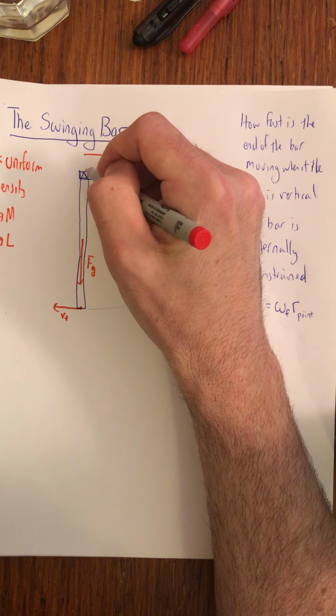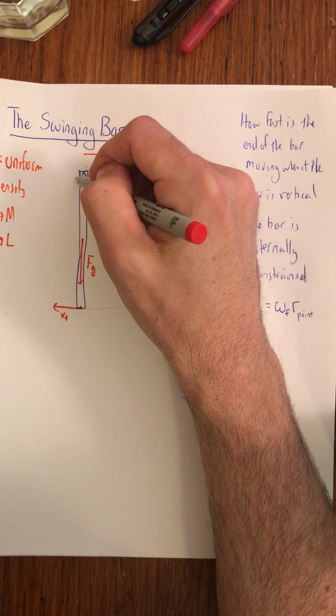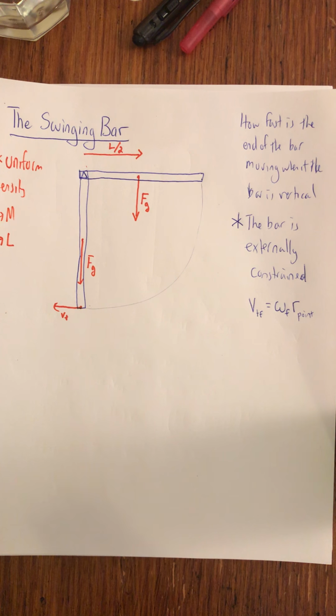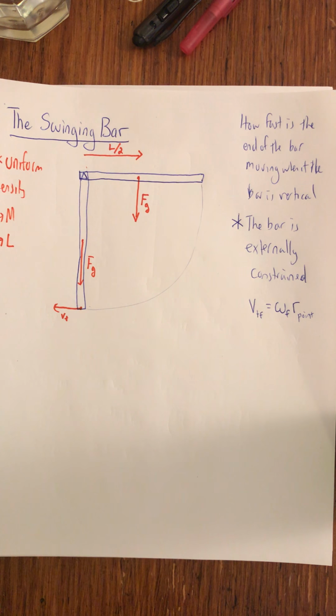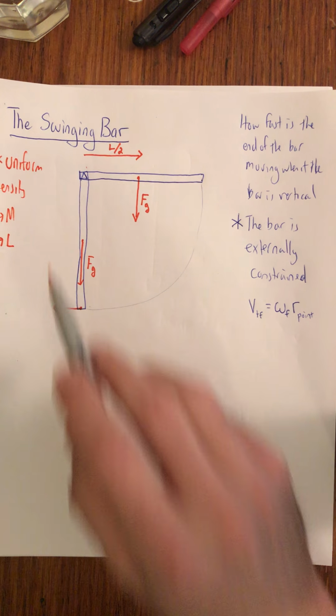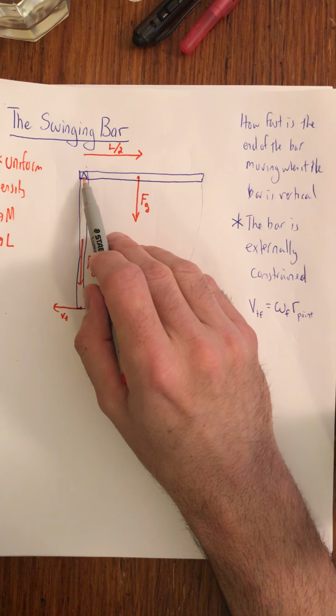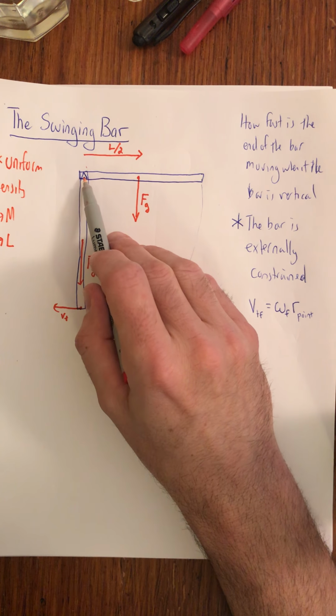Now, I will say that there are forces acting at the pivot to hold that in place. We're not going to be concerned with those forces in this video, because those pivot forces are going to act through the pivot point. Because of that, they're not going to provide any torque.